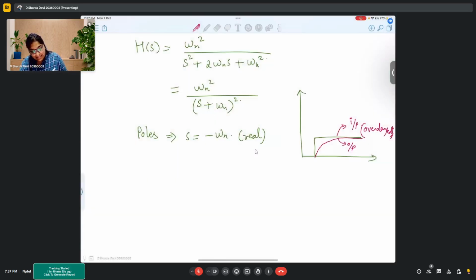Now, the third case is when alpha is less than 1. Oh, sorry, when alpha is greater than 1. So this system will again be a stable system.